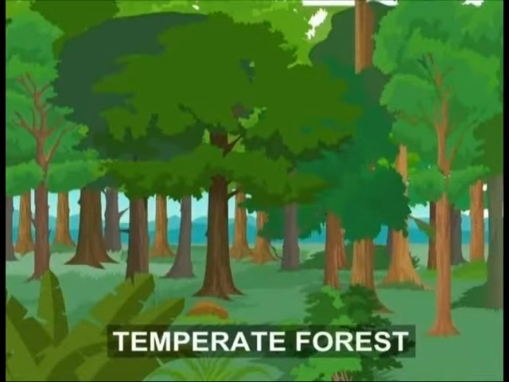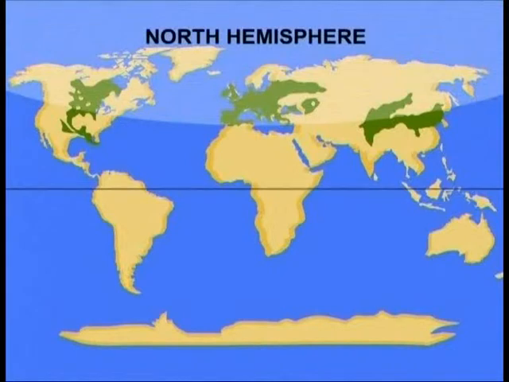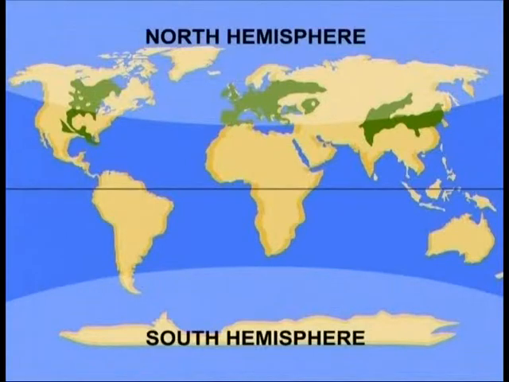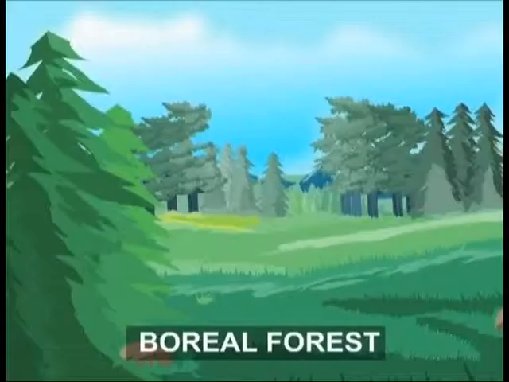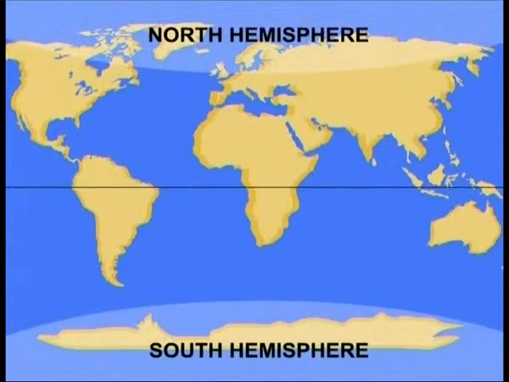Temperate forests. These forests can be found between 23.5 degrees north to 66.5 degrees north and 23.5 degrees south to 66.5 degrees south. Boreal forests, or taiga. These are found around 66.5 degrees north to south poles.